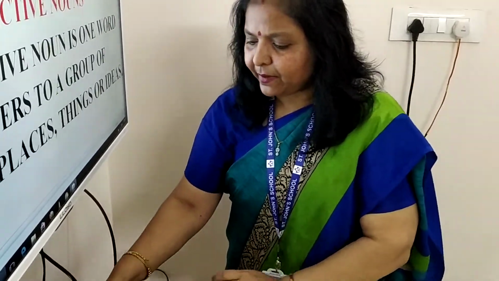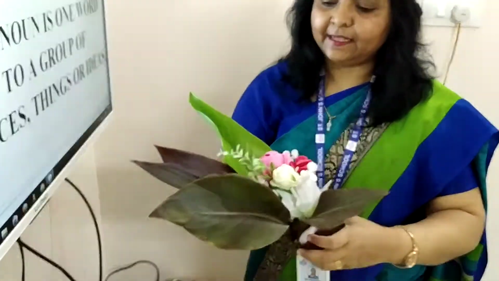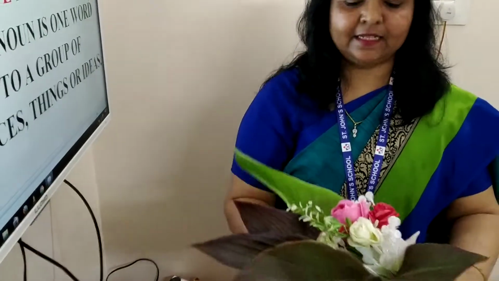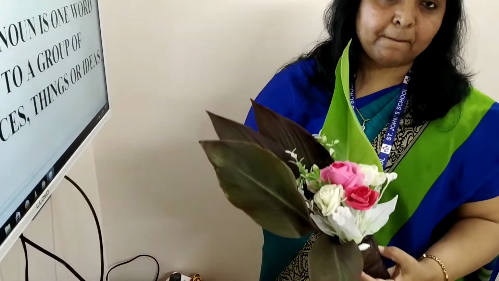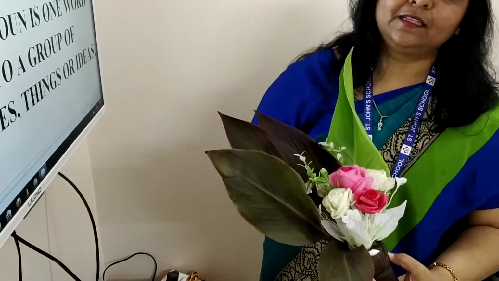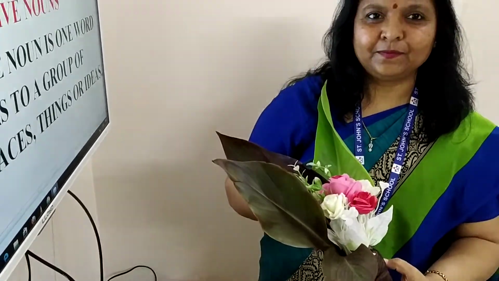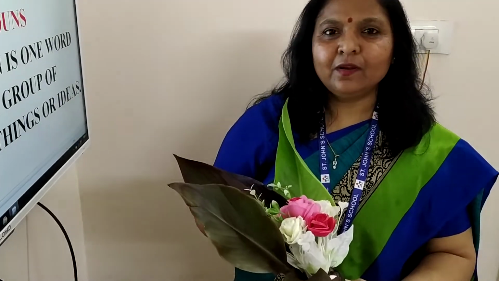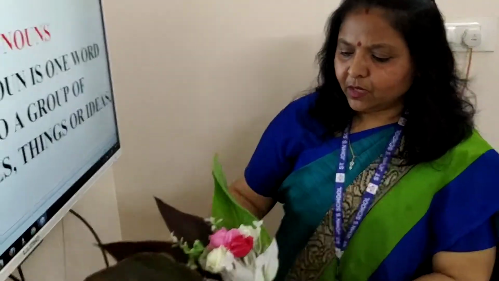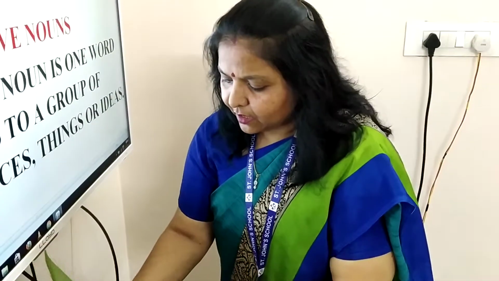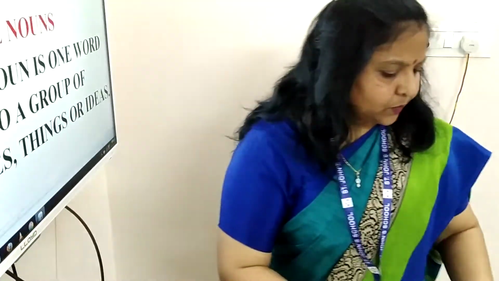And if we make it in the form of a design and present it, this form is known as a bouquet of flowers. Got it, students? Now let us move on to some more examples related to collective nouns.